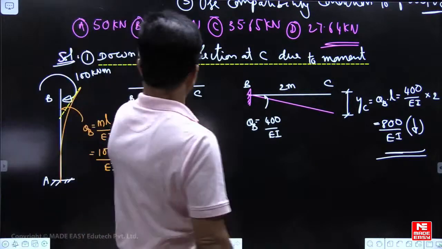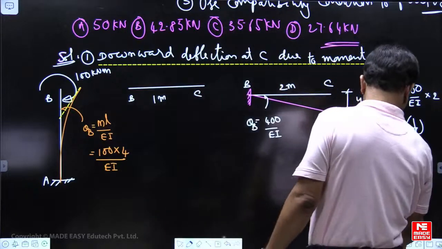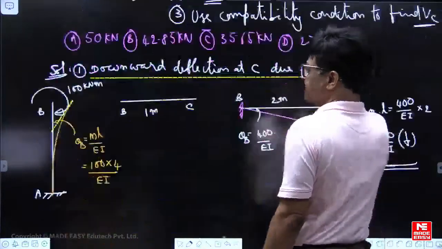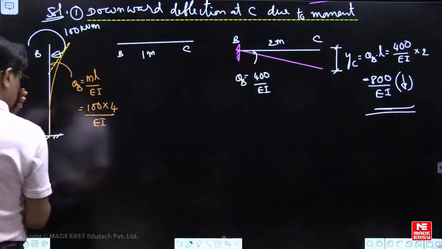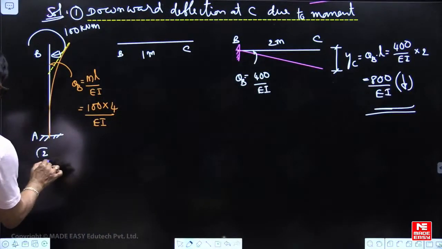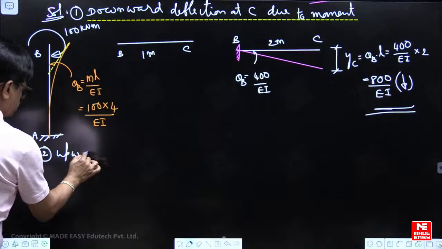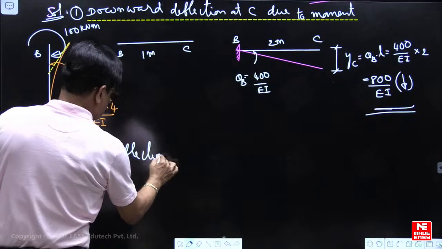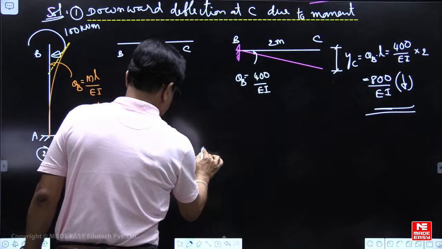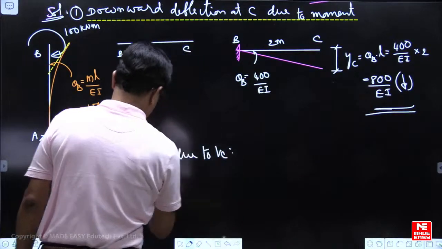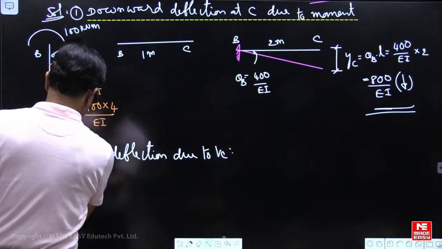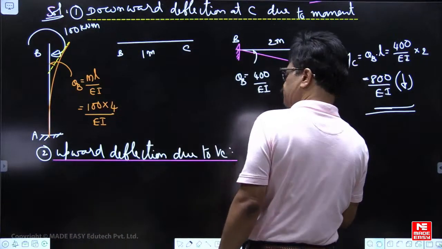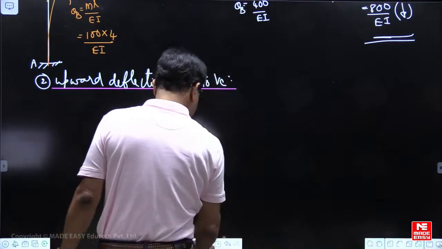Okay, next, upward deflection due to VC. That also I will show. First, symbolically fix this one.